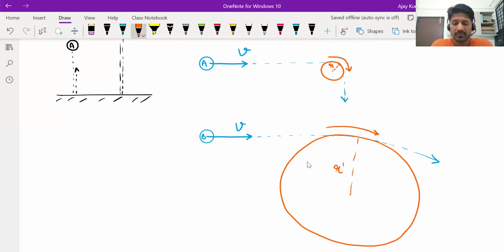So if an object has to take a sharp turn, meaning the radius of curvature of the path is small, it requires a greater amount of force compared to a similar object taking a gentle turn, right? And see, smaller radius of curvature requires greater amount of force, meaning smaller radius of curvature requires greater acceleration.